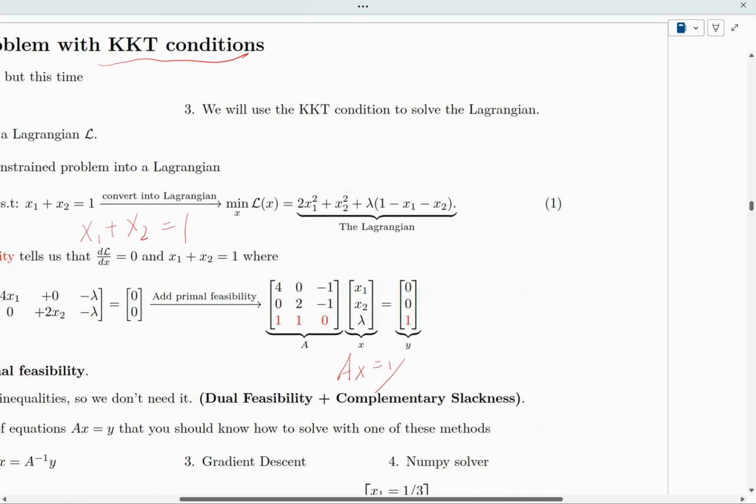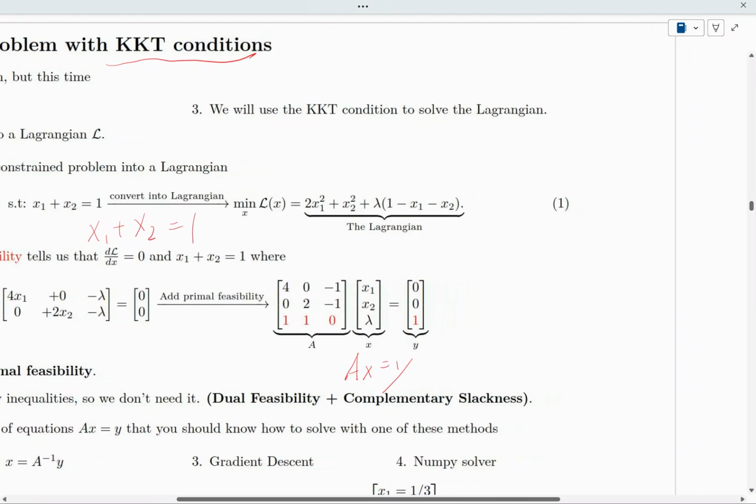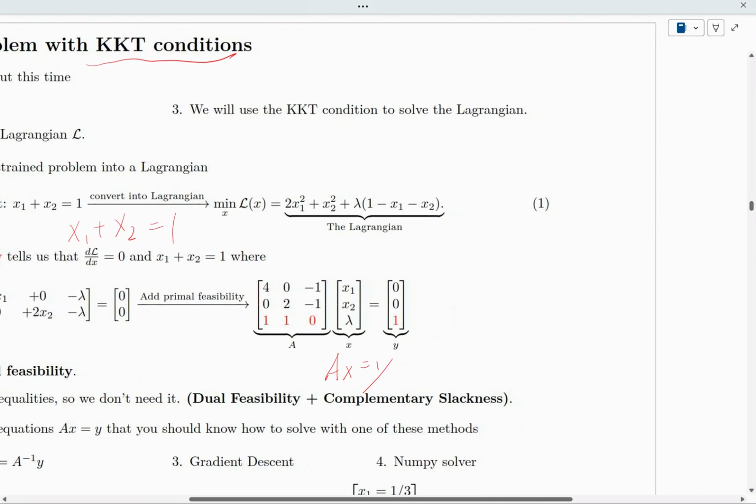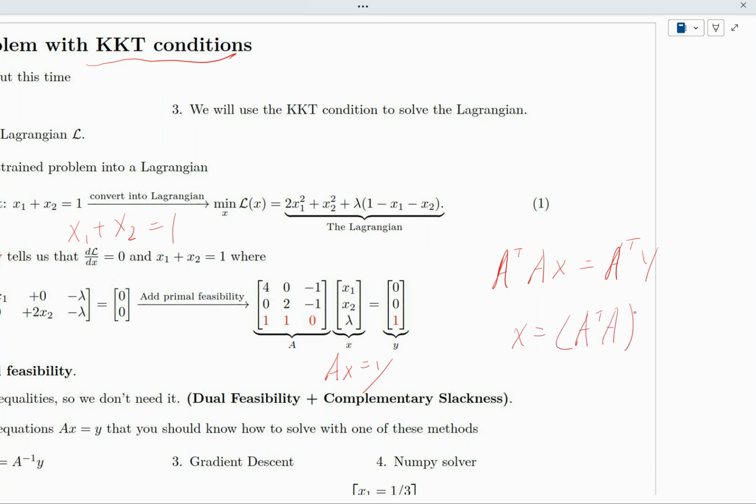And you can solve it, we've learned many ways to solve this previously. It could be Ax equals y. You can multiply by A transpose, and then x is equal to (A transpose A) inverse A transpose y. So you can solve it this way if A is not invertible.